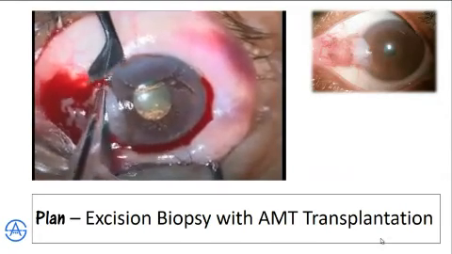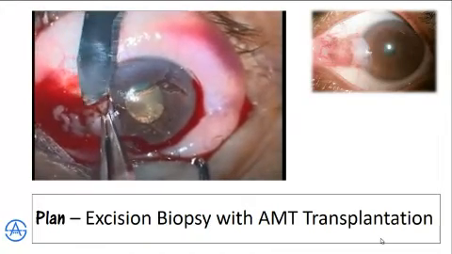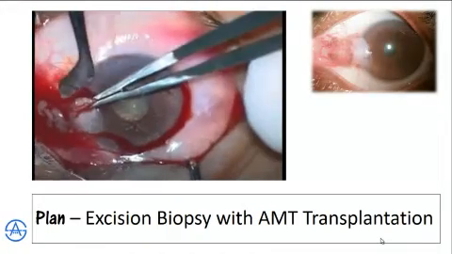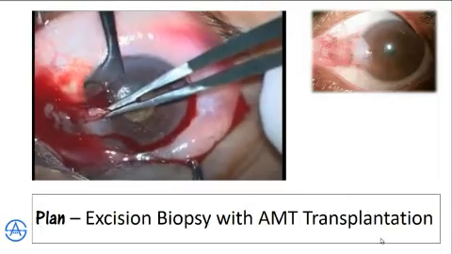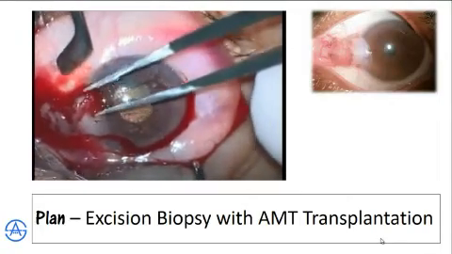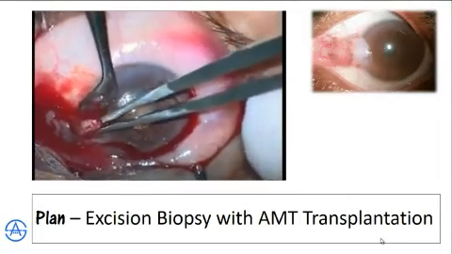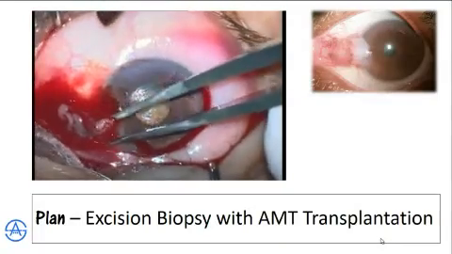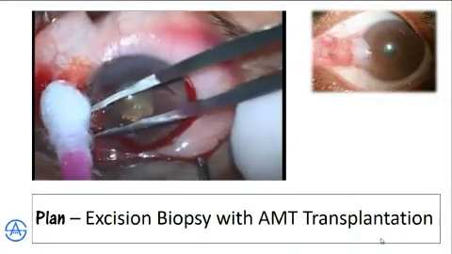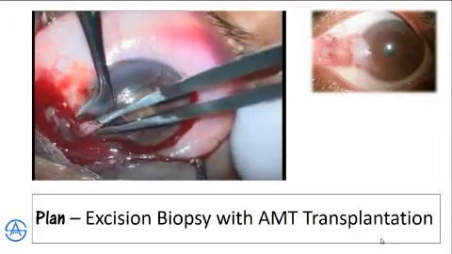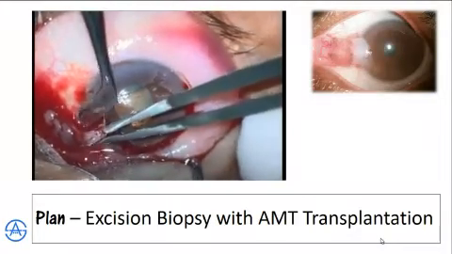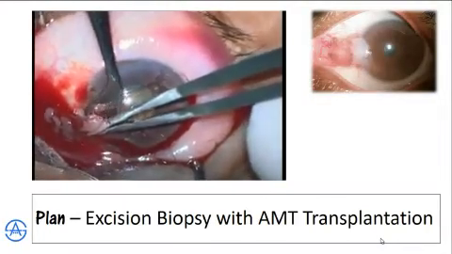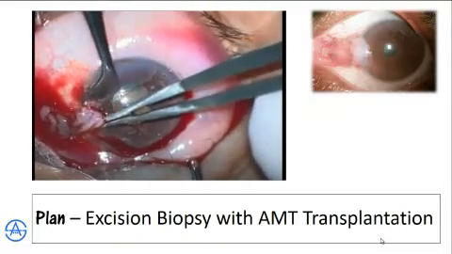First, a plane was identified with the help of a hockey stick, and gradually, with short strokes, the lesion was separated from the corneal surface, ensuring there is no perforation during any of the maneuvers.